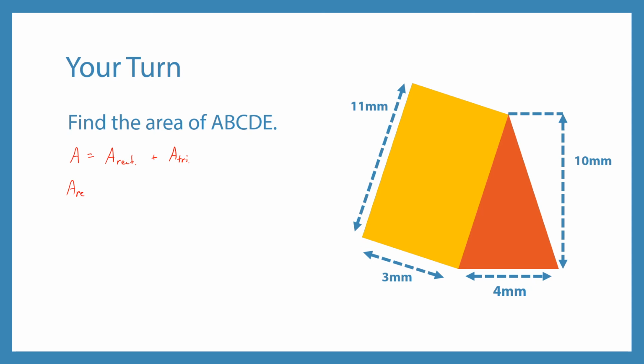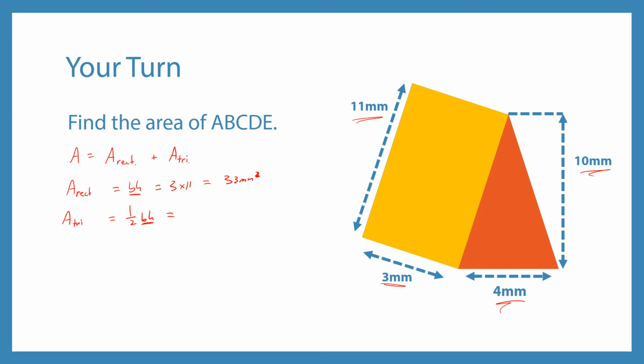First we'll find the area of the rectangle. That's just going to be base times height, which is 3 times 11. So you're going to get 33 square millimeters. The area of the triangle is half base times height, and note the base and height here are different to the base and height of the rectangle because it's a different base and different height.